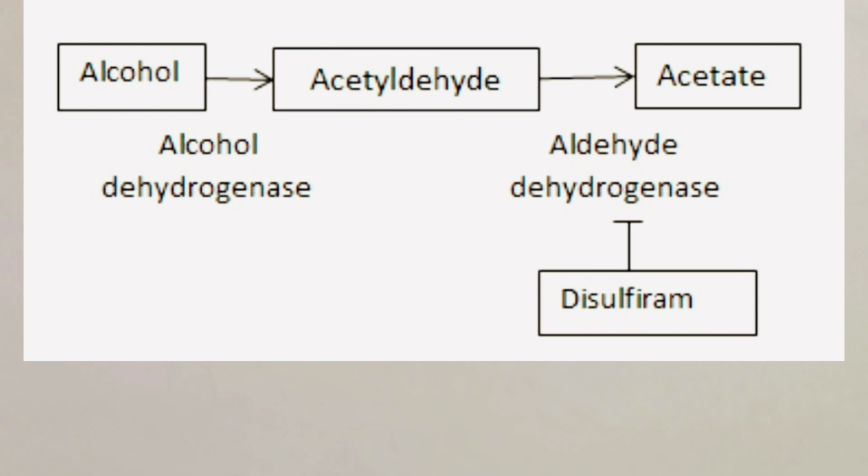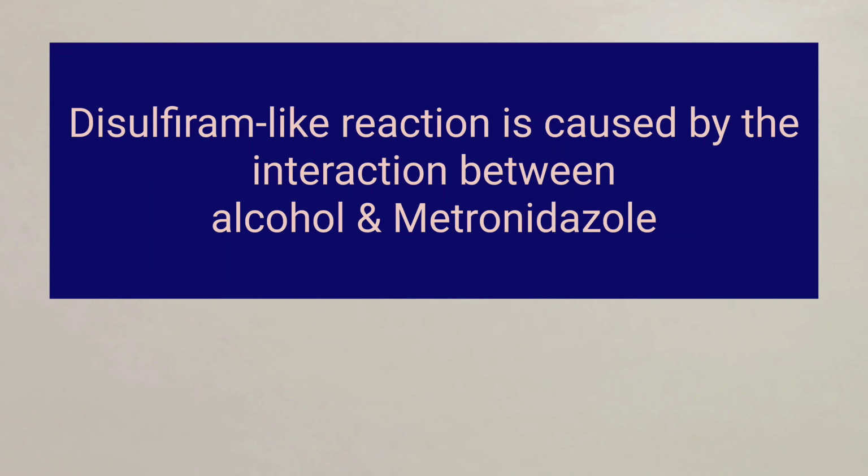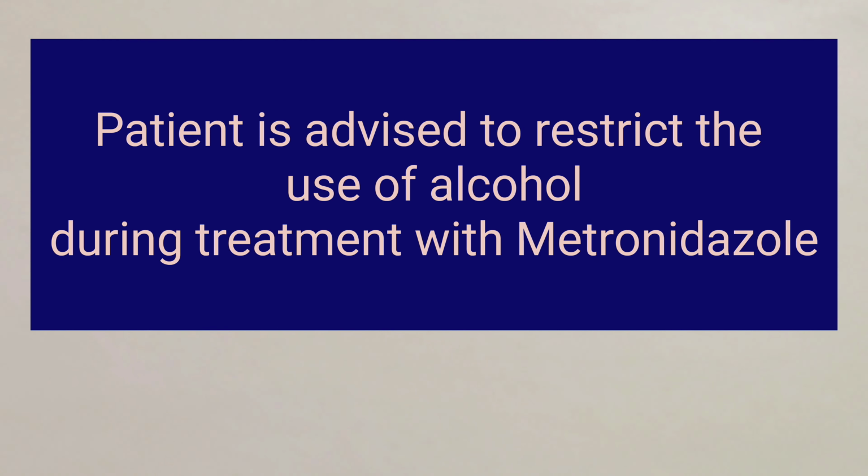This leads to aversion of alcohol. Several pharmaceutical agents can cause disulfiram-like reaction. For example, intake of alcohol in a patient who is on metronidazole therapy can cause disulfiram-like reaction, and therefore the patient is advised to restrict the use of alcohol during metronidazole therapy.